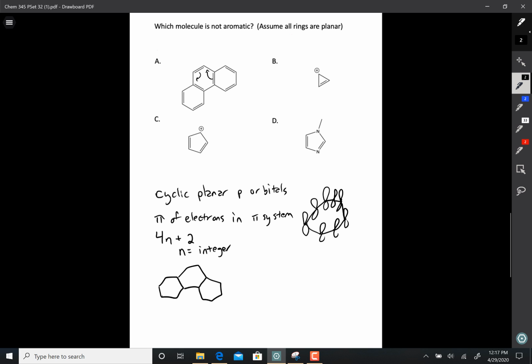That doesn't work. These electrons here, these electrons here, these electrons here, and these electrons here. And that doesn't work either.